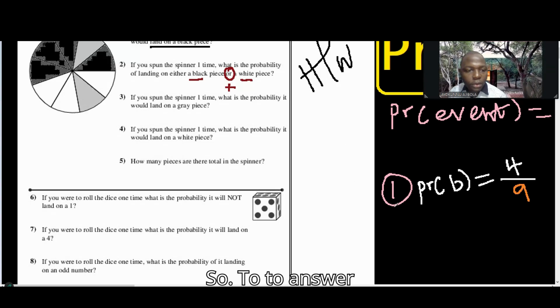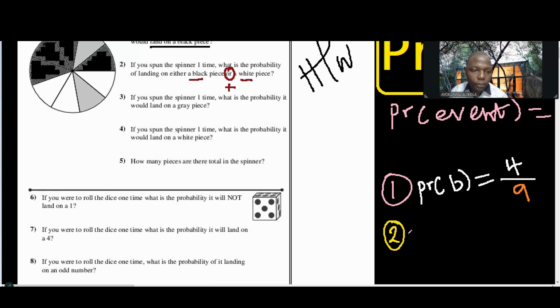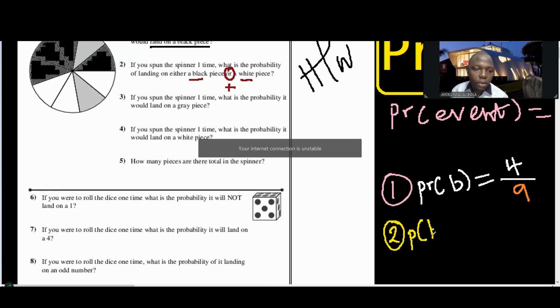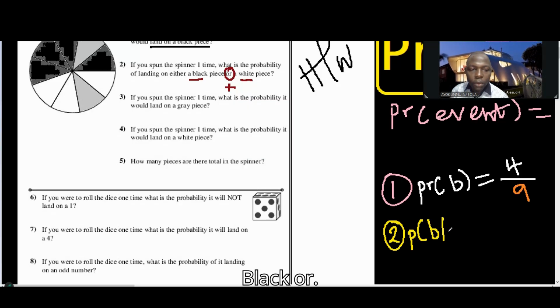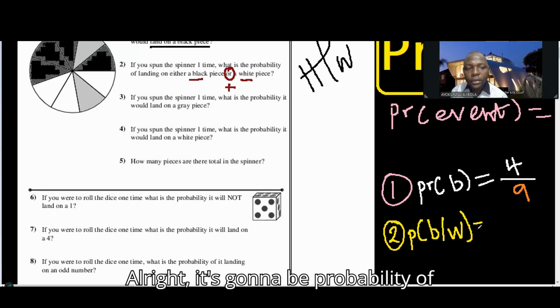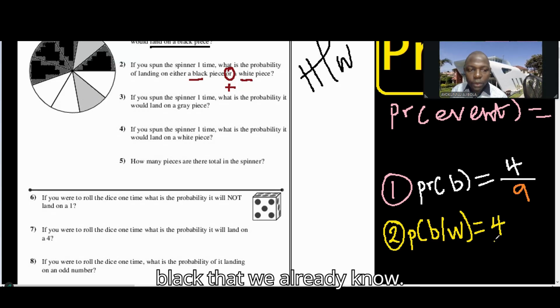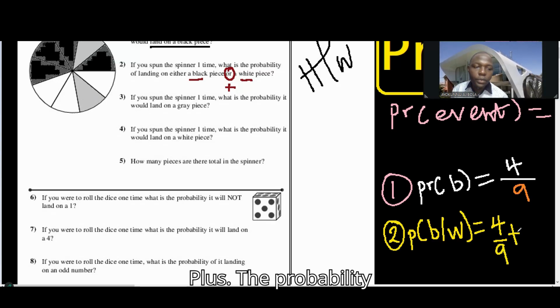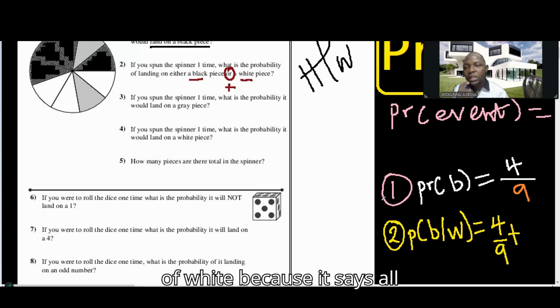So to answer that one, we'll say the probability of black or white is going to be the probability of black that we already know, plus the probability of white, because it says or.